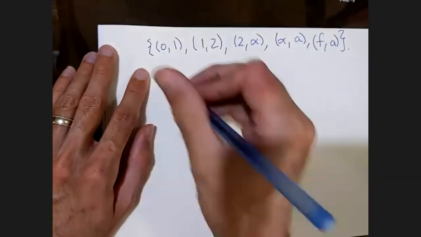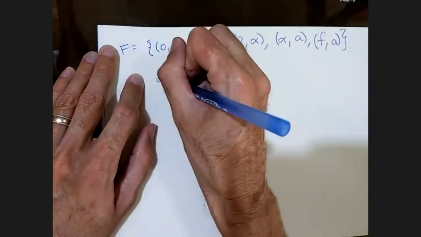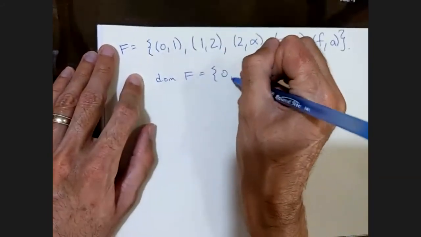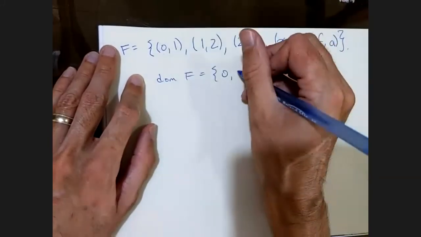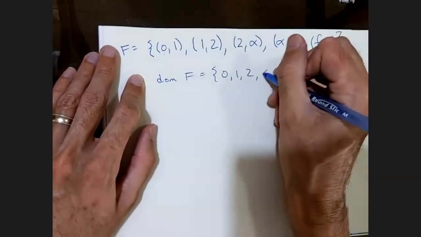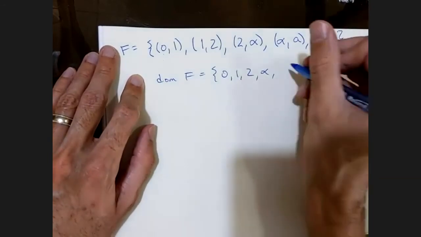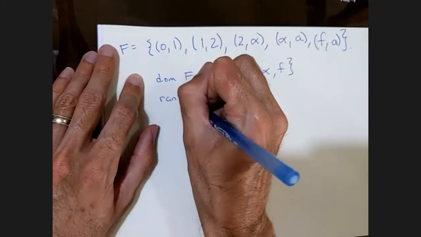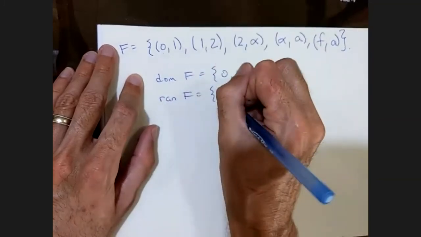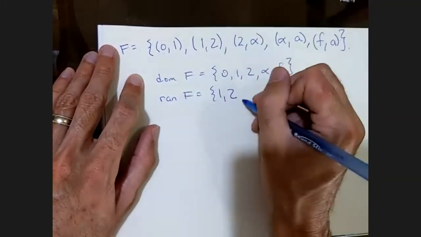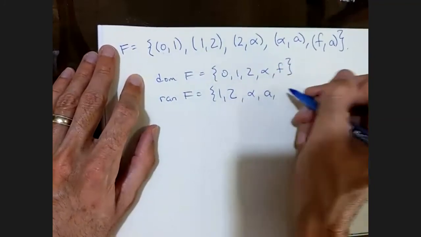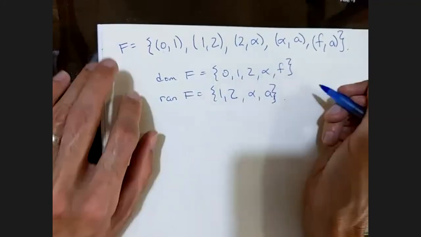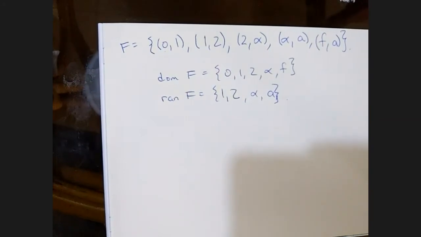Now, the domain of F is just the set of things that occur in the first coordinates. And the range of F is the set of things that appear in the second coordinate: 1, 2, alpha, A. This is a function.